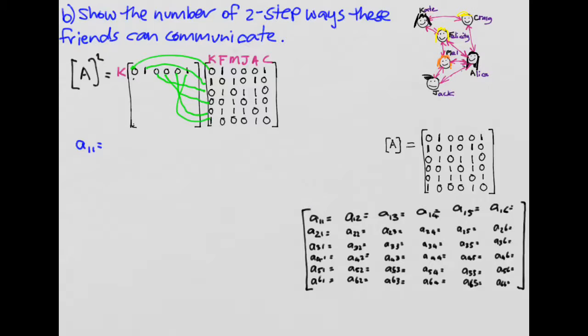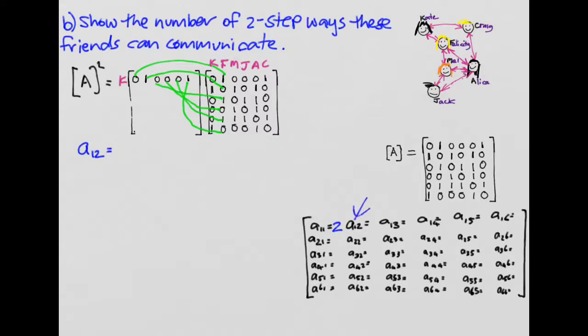So starting with Kate's row on the left and multiplying out by Kate's column, we'll have 0 times 0 plus 1 times 1 plus 0 times 0 plus 0 times 0 plus 0 times 0 plus 1 times 1. And that equals 2. So we go ahead and put the value 2 in for A11.